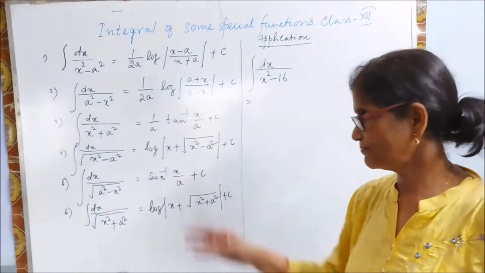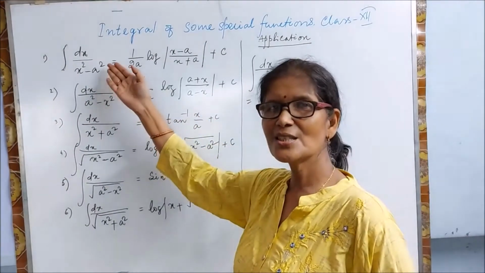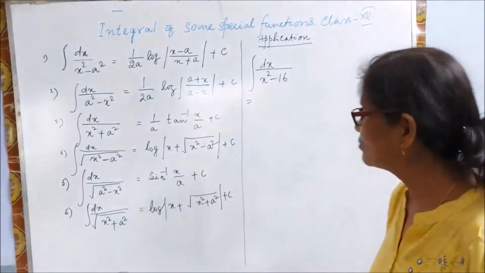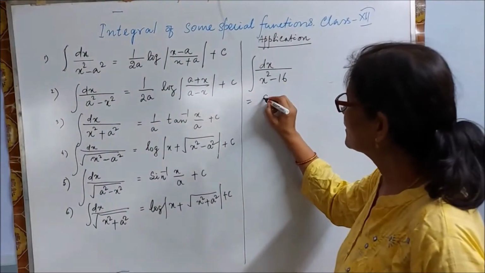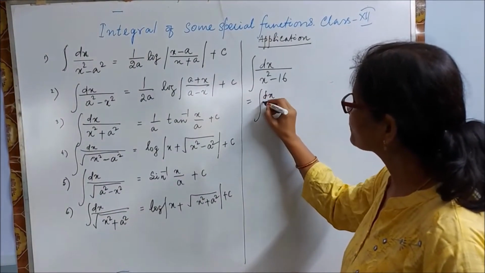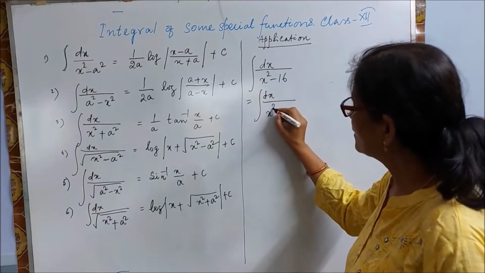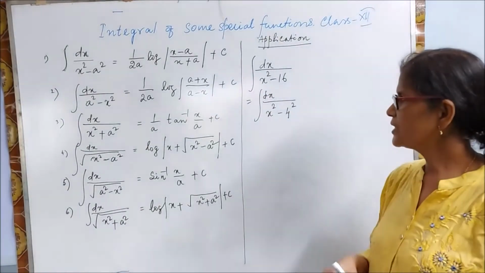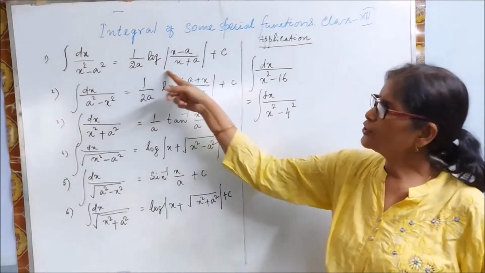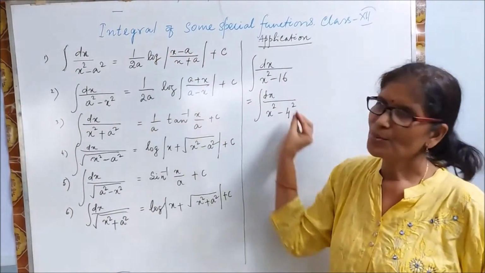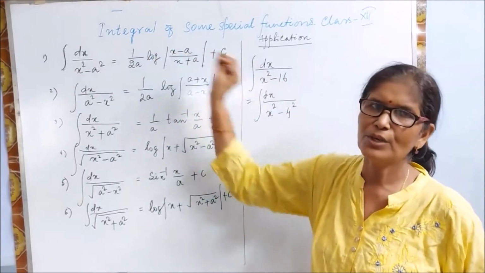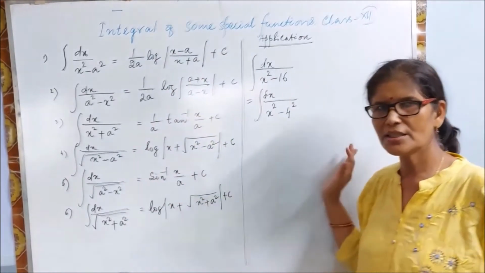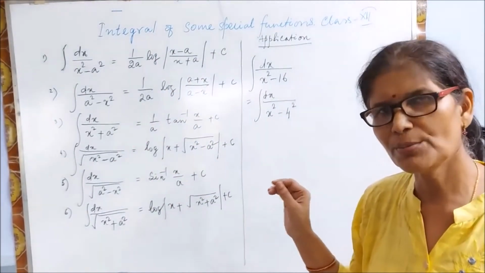Of course, it is very easy. It is the first one. So I'll write it as dx by x square minus 4 square. So what is a? a is 4. Now just apply the formula here. Put a in the formula. No need for thinking and other things, because this is a direct formula-based question.